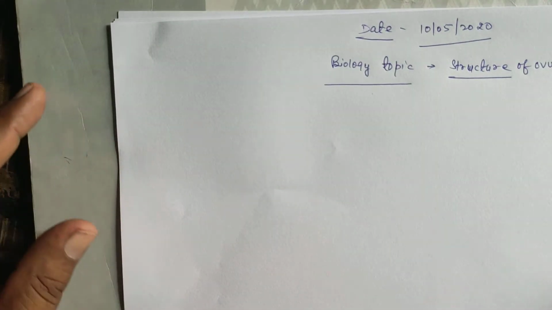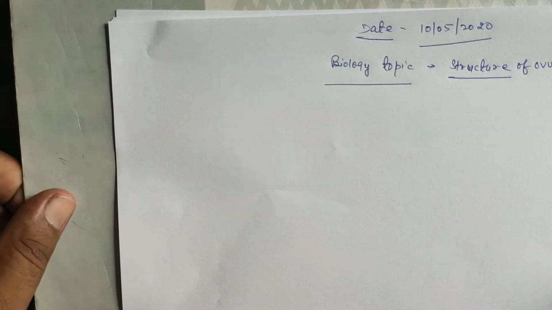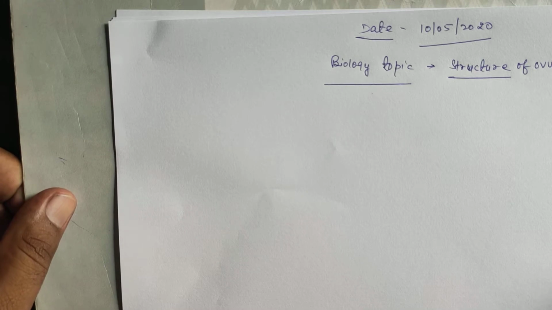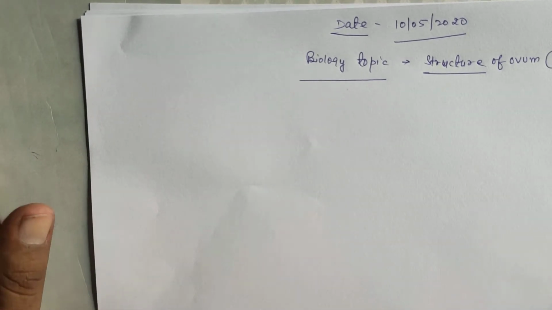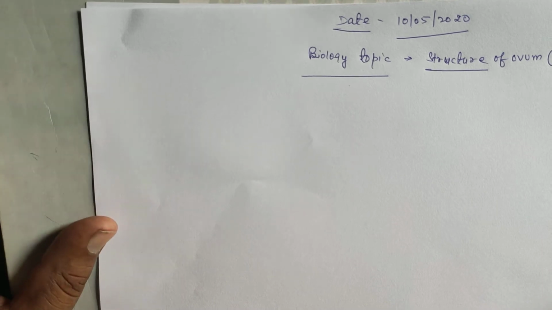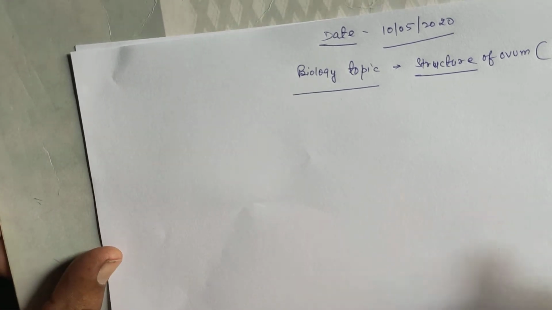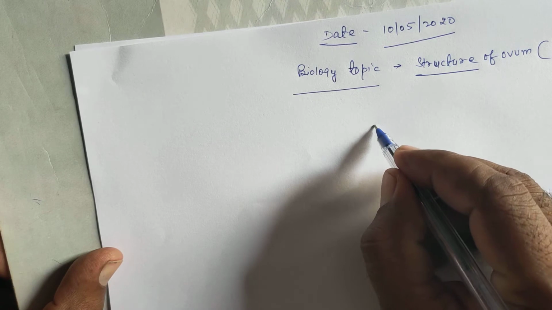Hello to all students. Today we are going to discuss another biology topic, structure of ovum or structure of female gamete. First of all, I draw a figure of ovum or female gamete.